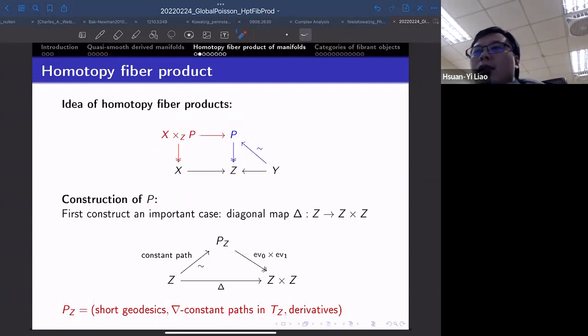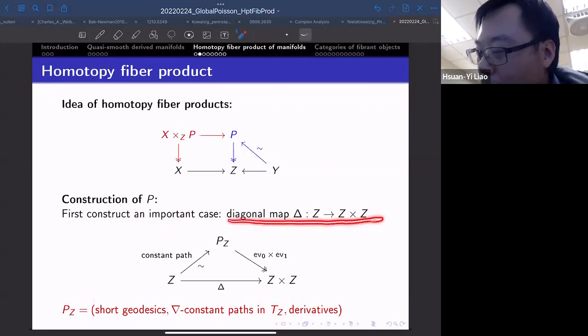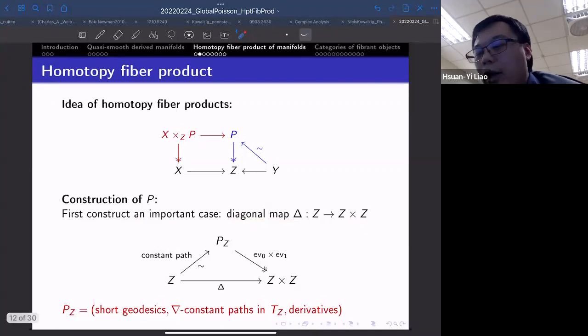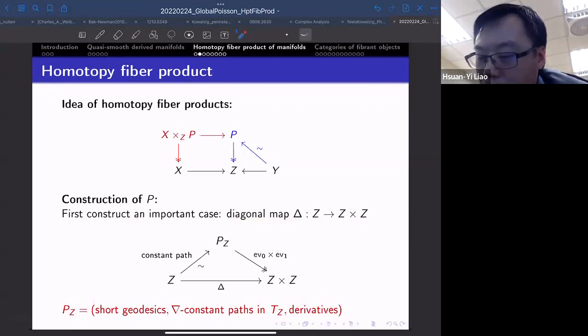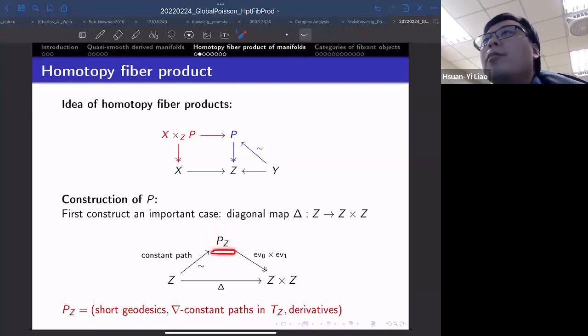In order to construct this P, we first construct the important case: the P for the diagonal map. And our construction is like this. Here is a diagonal map. I want to factorize this as a composition of a weak equivalence and a fibration. Our choice of this space is a quasi-smooth derived manifold, so it is a vector bundle together with a section.